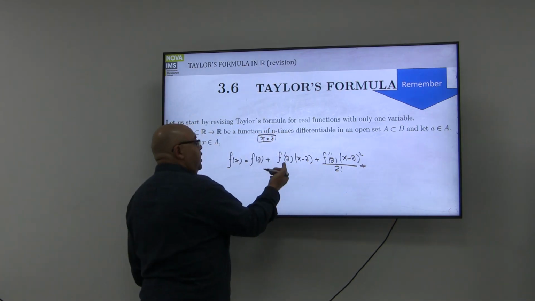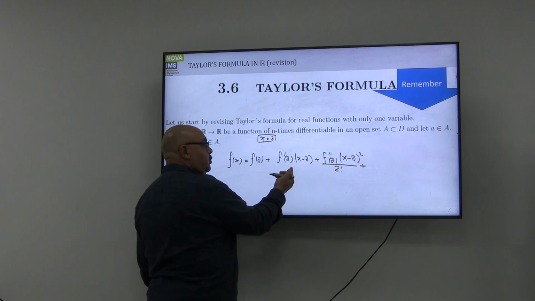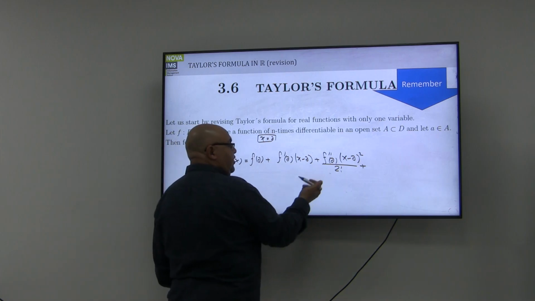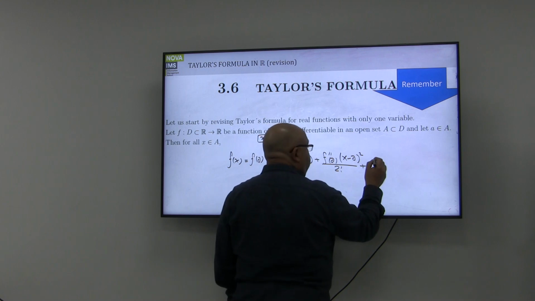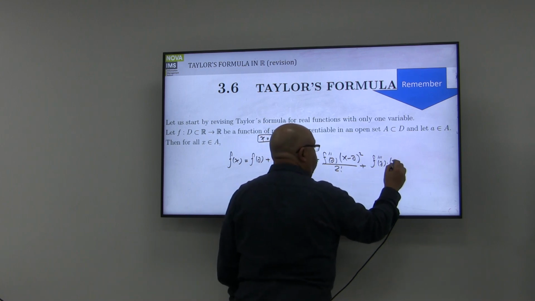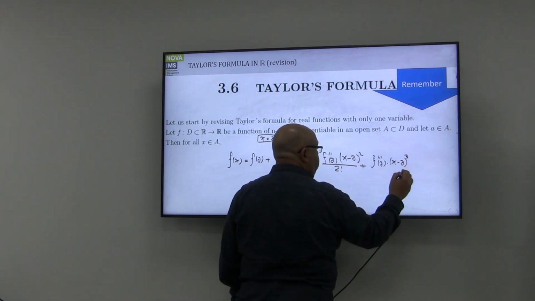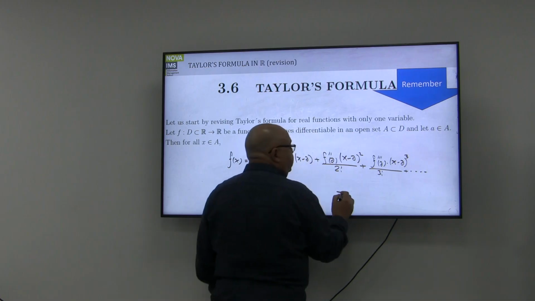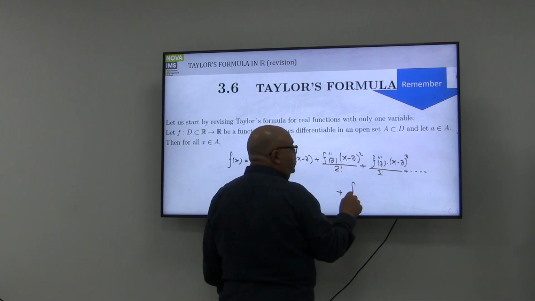So this is for a linear polynomial. This is for quadratic. And for cubic, I will need to add the term f triple dash at a times x minus a to the power of 3 divided by factorial 3, and so on until you reach the nth derivative.